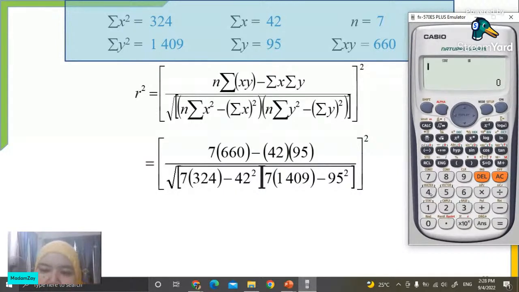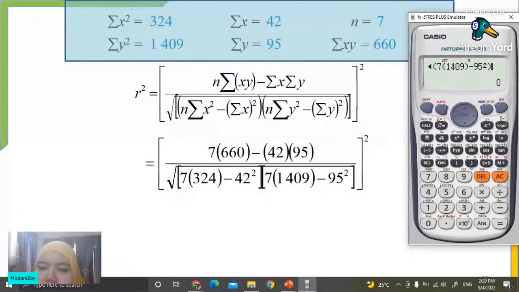Okay, so we have 7 multiplied by 324, close bracket, minus 42 square, close bracket, and then multiply by, in a bracket, 7 of 1409 minus 95 square.